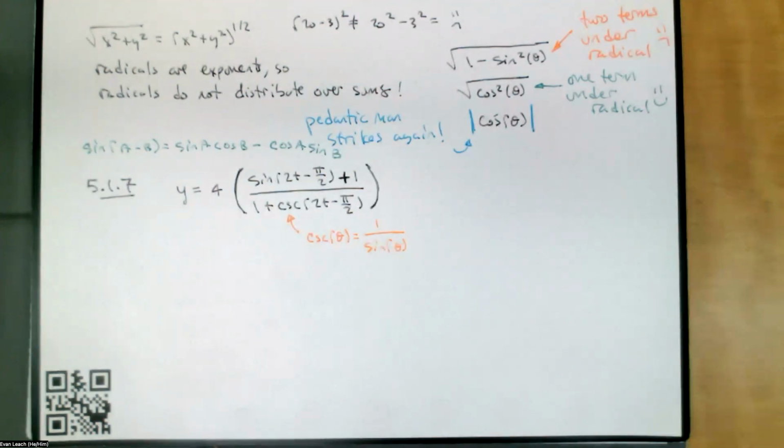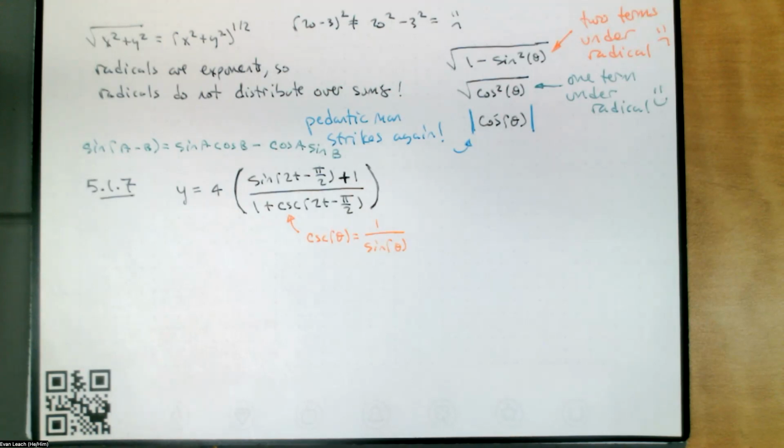What this would do for us is simplify our expression. Instead of having sine of a difference, we just have sine of A and cosine of B. The advantage here is that it's 2t minus pi over 2, so I just have to know what the cosine of pi over 2 is, and then the sine of pi over 2. I'll be able to simplify my expression that way.